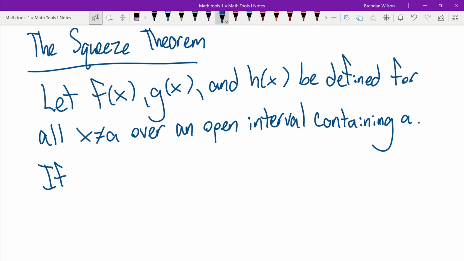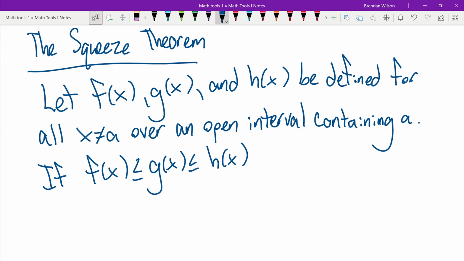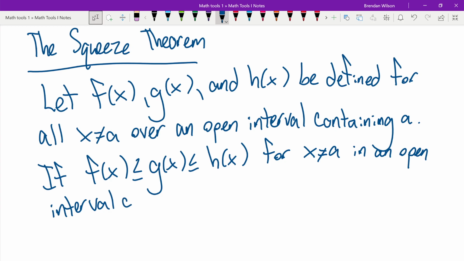If f of x is less than or equal to g of x, which is less than or equal to h of x, for all x not equal to a in an open interval containing a. We have to write this every time because, as we saw in the last video, we have cases where this is important.